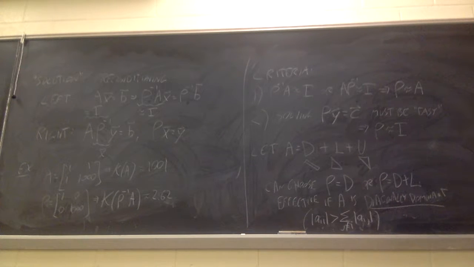Now, another approach. You can let A be approximately equal to L tilde U tilde, where let's suppose that all three of these matrices are sparse.